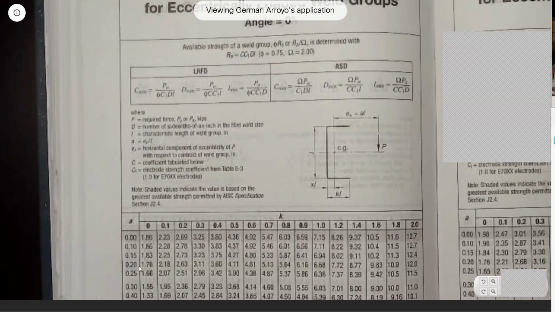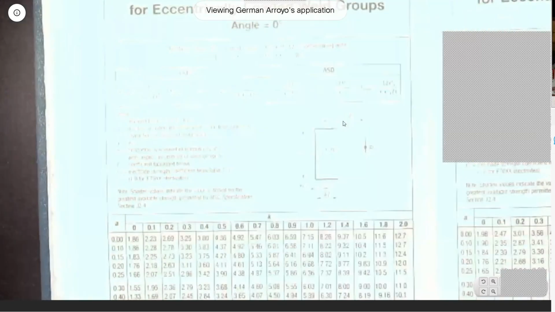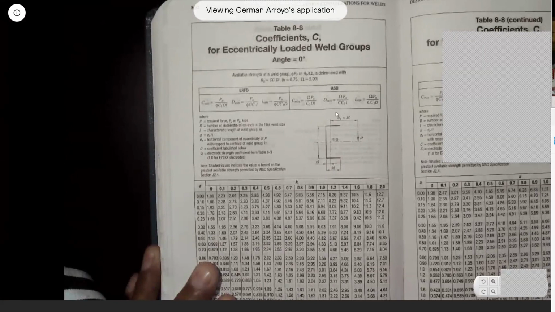You can see in here the eccentricity, this eccentricity and this value in here.